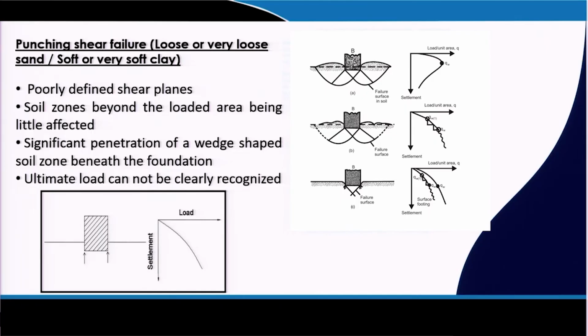In punching shear failure, there are poorly defined shear planes, and the soil zone beyond the loaded region will not be significantly affected, or only a little effect will be noticed, and there will be significant penetration of the wedge shaped soil zone beneath the foundation. So, that means this is the wedge, there will be significant penetration below the foundation, and here also we will not get a definite peak, so the ultimate load will not be clearly recognized.